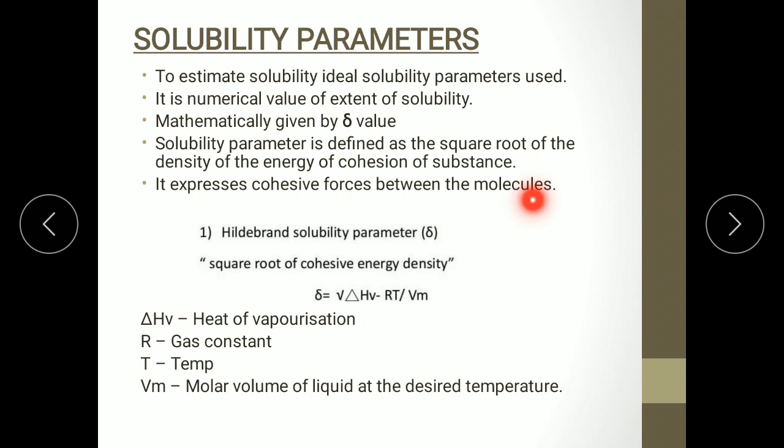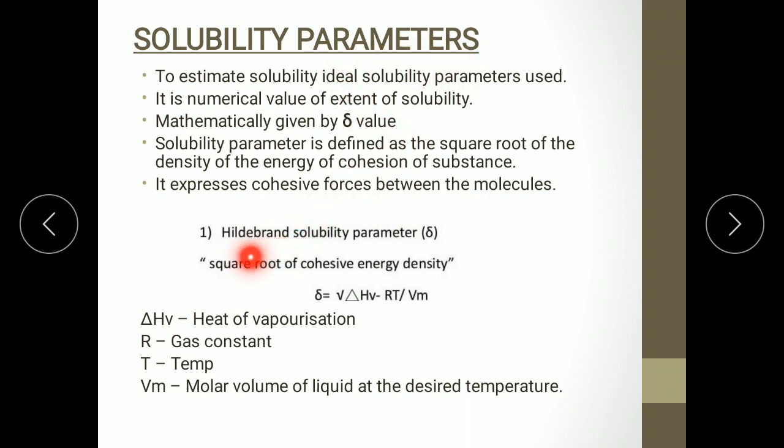If there are more cohesive forces in the solvent, then that solvent will not dissolve the solute properly. If the solute has stronger cohesive forces, it will also not get dissolved properly in the solvent. So to express those cohesive forces, solubility parameters are used.